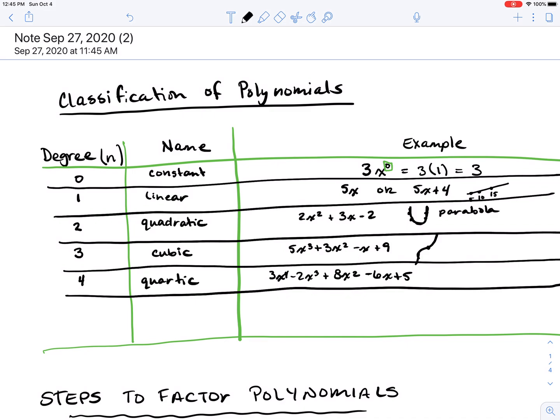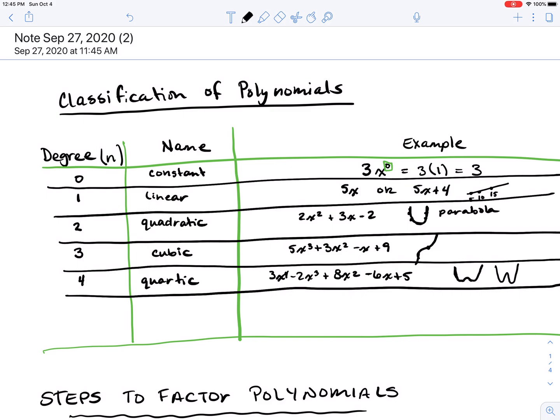I know it's a little bit of a different word than a lot of you are used to hearing, but the word is quartic. And these ones look like this. So they look almost like a big parabola with a slight bump in it. And the bump could be even a little bit bigger, right?